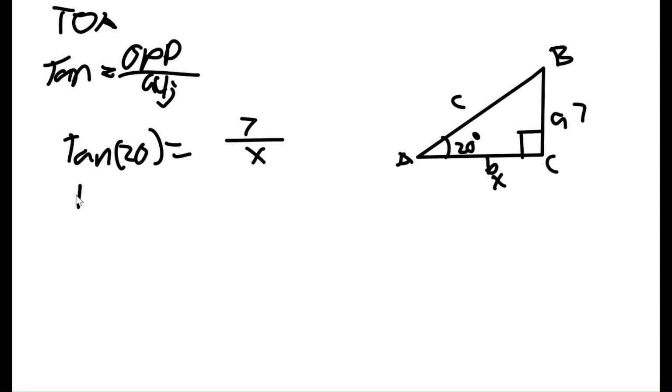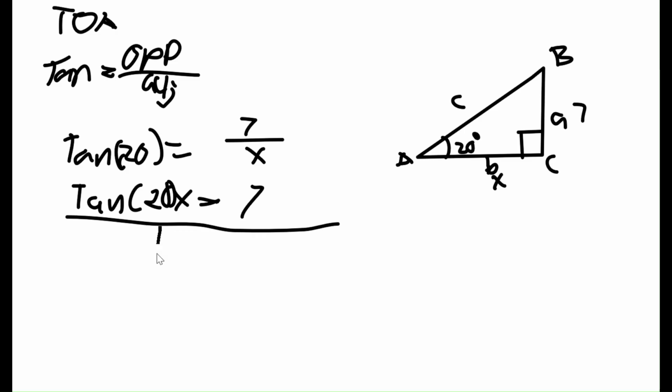Cross multiply, this will be tan 20x is equal to 7. Divide both sides by tan 20, so that x will be the only thing remaining on the other side. So tan 20 will be cancelled.